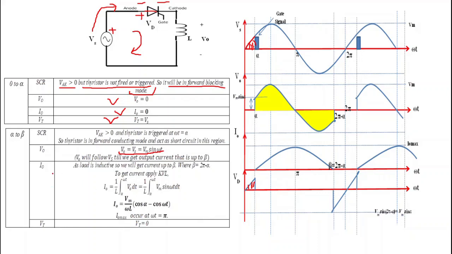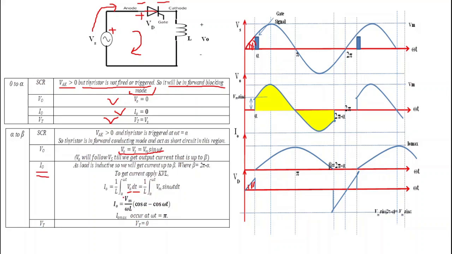So what is the current I0? To calculate this current I0, we simply apply KVL in this loop. When we apply KVL, we get I0 equal to 1 by L integration of voltage across the inductor dt, and we know that the voltage across the inductor is V0. That's why we integrate V0 dt from alpha to omega t, because the thyristor is fired at angle alpha.